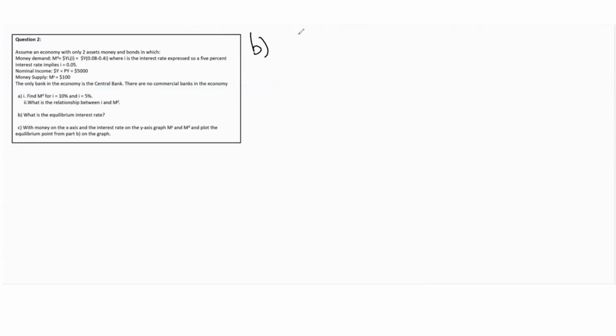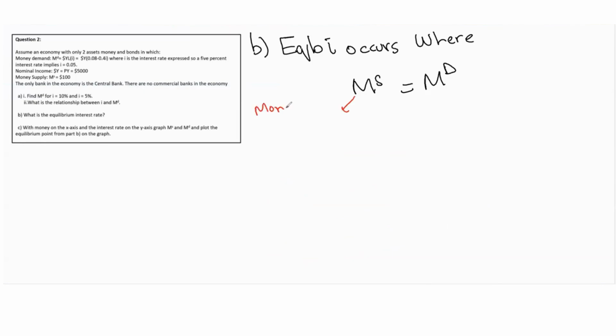So part B is that equilibrium i occurs where MS is equal to MD. Money supply is equal to money demand. We know the money supply is fixed by the central bank at M equal to $100 in this case.